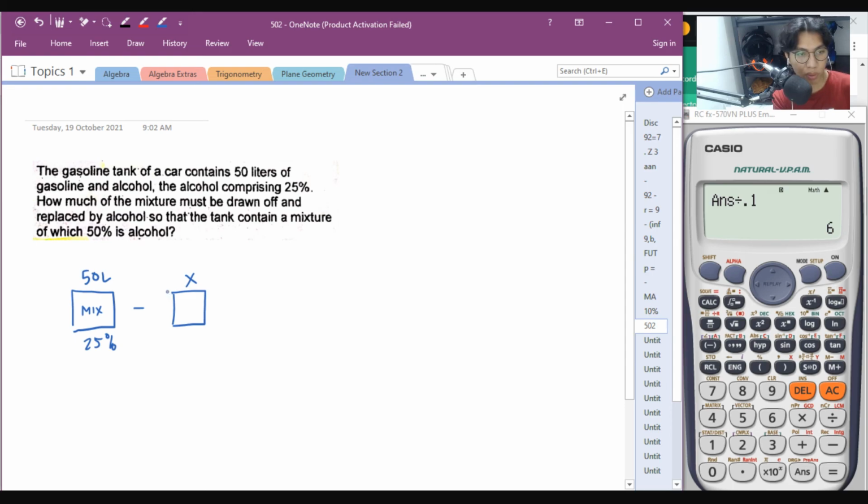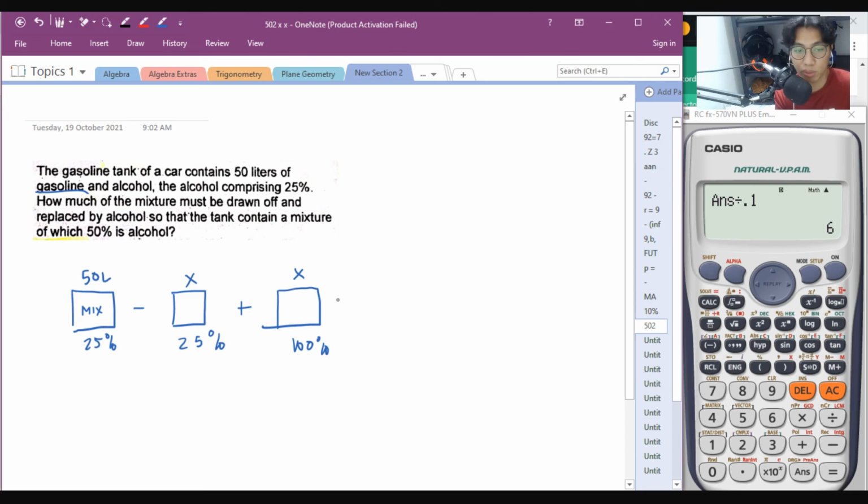So, meron ka ditong 25% yung alcohol mo dyan. Hindi mo naman alam yun. 25% pa rin. Tapos, madadagdagan mo ng gasoline. Gasoline ulit. Mixture yan eh, gasoline and alcohol. Yung gasoline is pure substance, so 100% ng gasoline. Hindi mo rin alam yung amount na ilalagay mo dun.